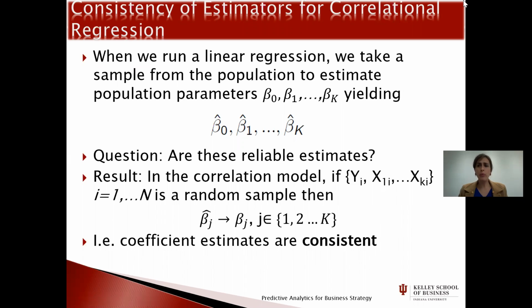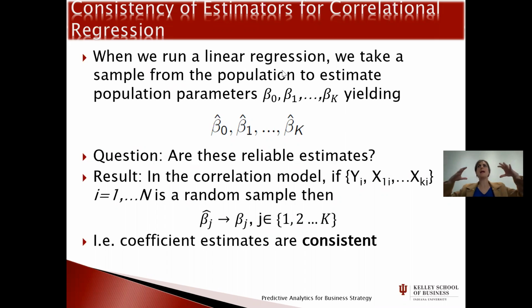Well, when we run a regression, and again, very easy, we just type reg and then the outcome variable and the X variables, we are left with our beta hats. So the first column is all your beta hats, your estimated betas, and what they are doing is coming up with estimates for your population parameters.